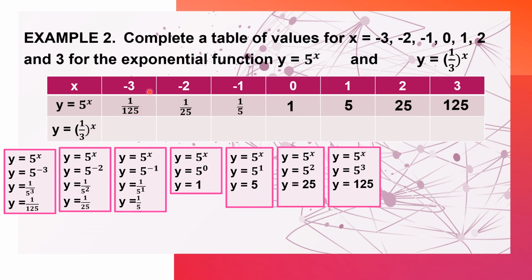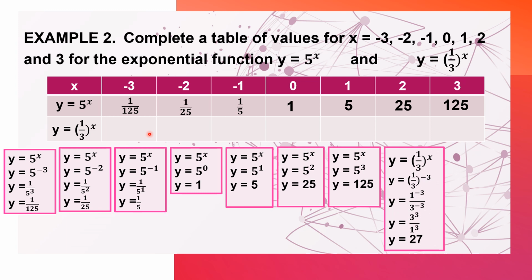So if x is negative 3, we have y equals 1/3 raised to x. Just change x into negative 3. So, yung 1/3 natin ay naka-raise sa negative 3. So, 1 now is raised to negative 3 and 3 now is raised to negative 3.